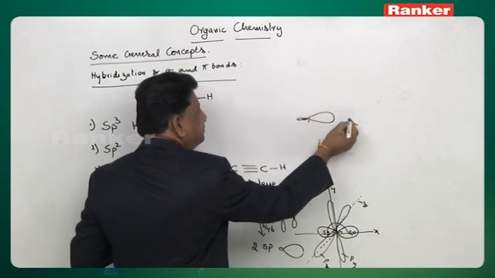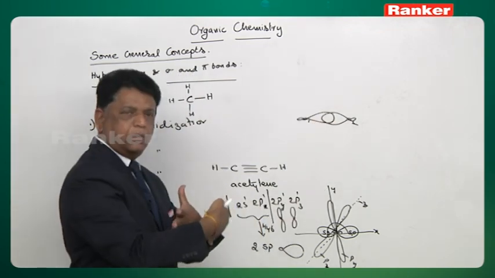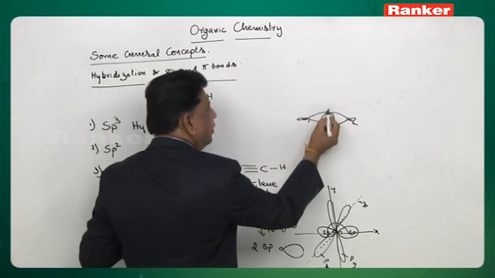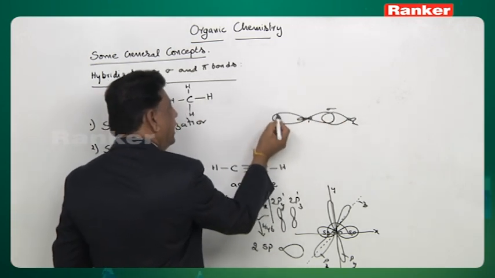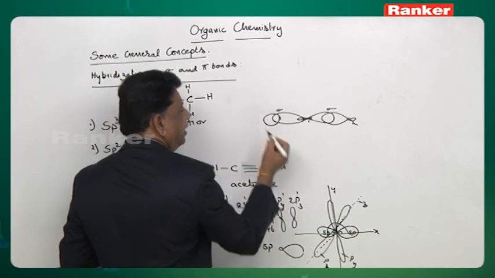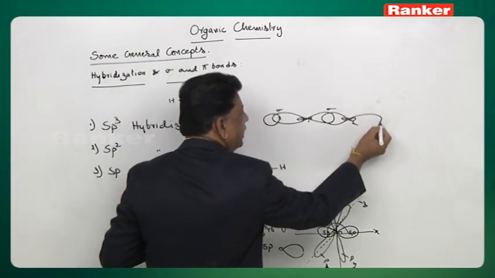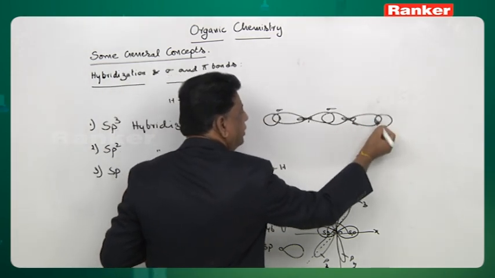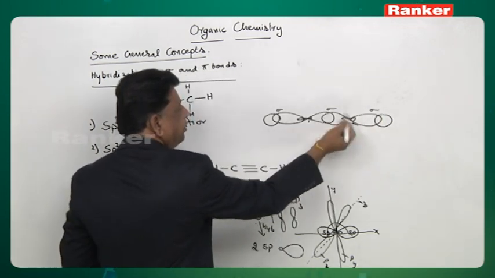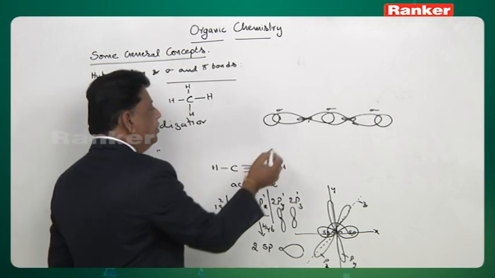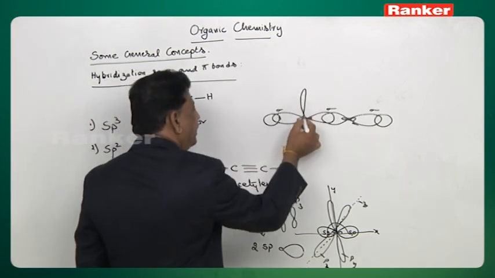The sp hybrids make an end-on overlap, making one sigma bond. Another sp orbital overlaps with hydrogen, making one more sigma bond. This side also, one sp with one hydrogen, another sigma bond. Now at this carbon, the sigma bonds are exhausted. So the remaining are the p orbitals.